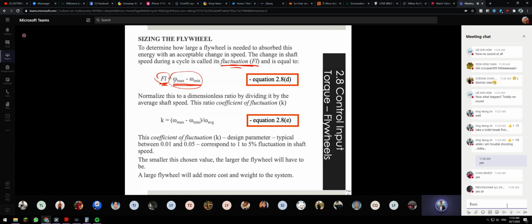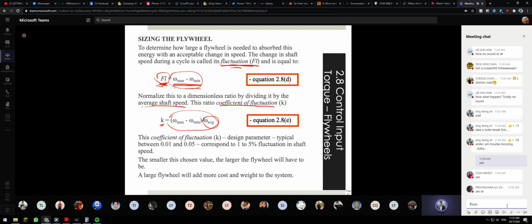So normalize this to a dimensionless ratio by dividing it by the average shaft speed. This ratio will be called the coefficient of fluctuation, right? It means that we divide both sides by the omega average. That's why here we will get the coefficient of fluctuation.